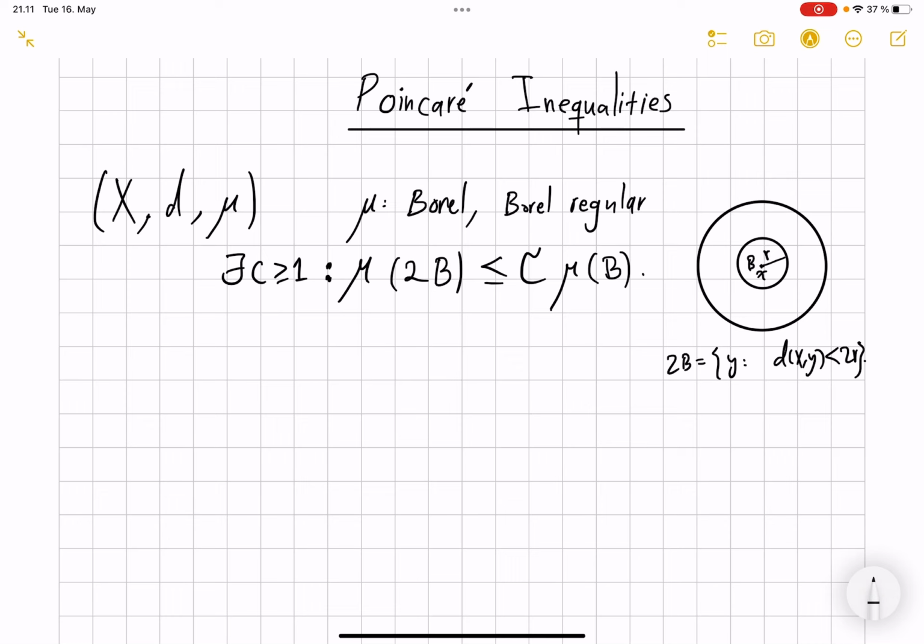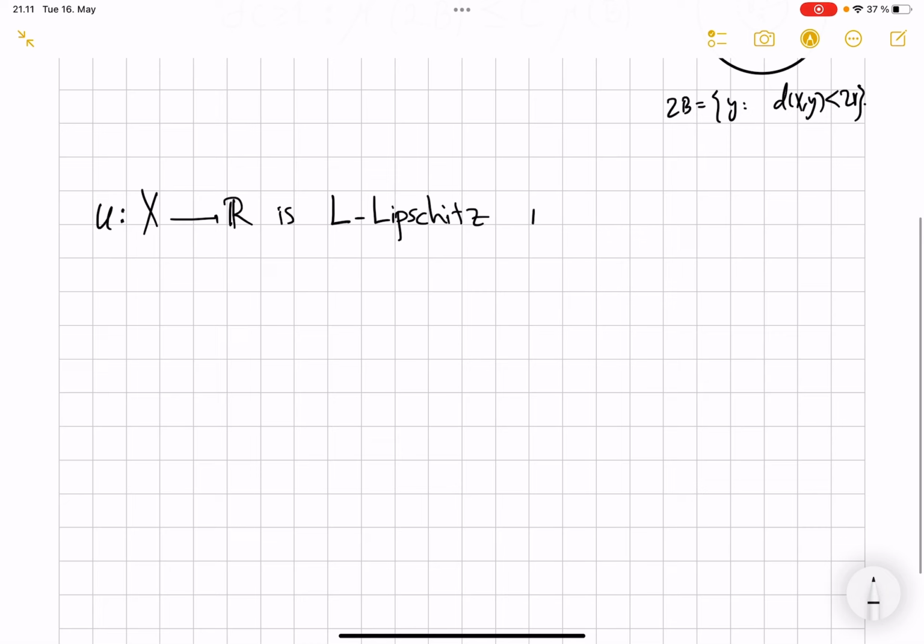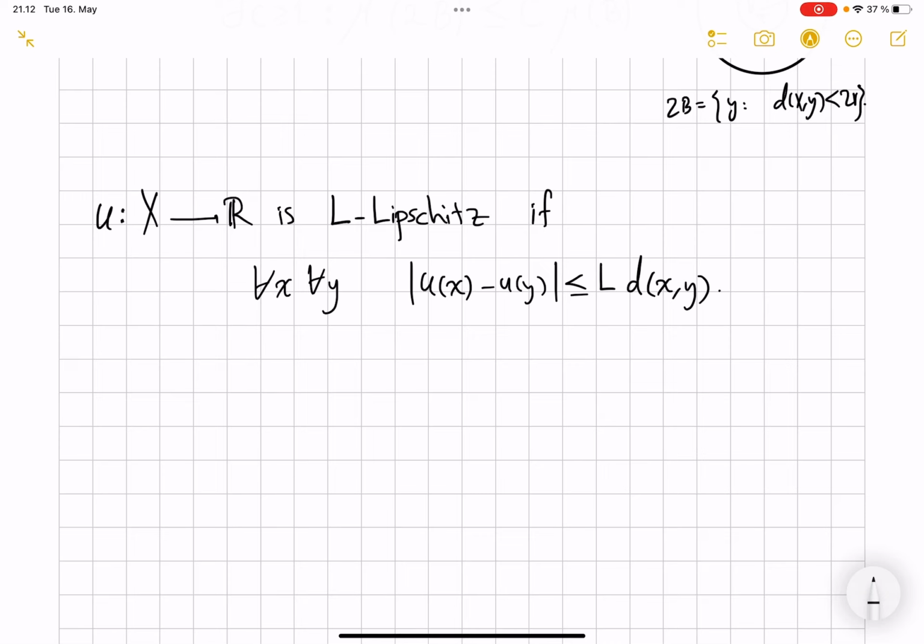Lipschitz functions. So recall that a function u from X into R is Lipschitz, or more specifically L-Lipschitz, if for every x and for every y from your space, the difference of u(x) and u(y) is bounded by L times the distance of x to y.